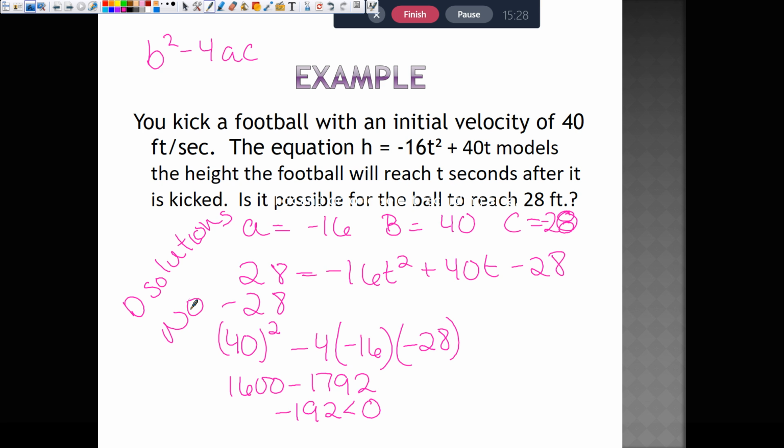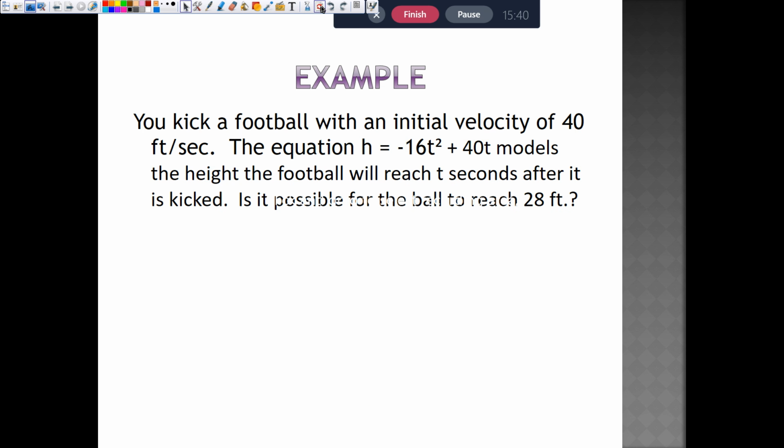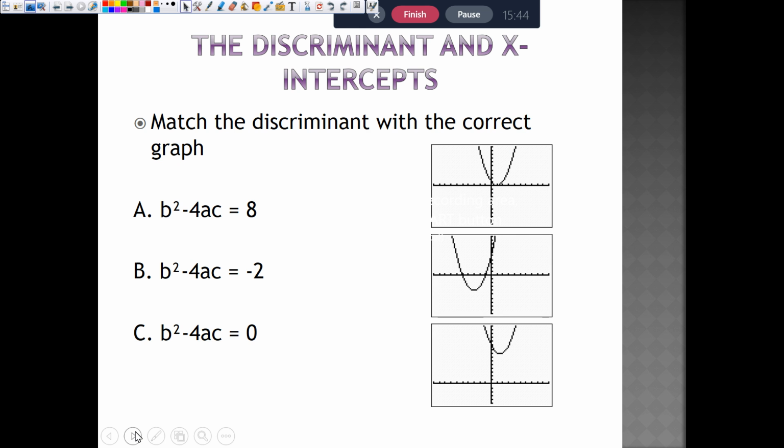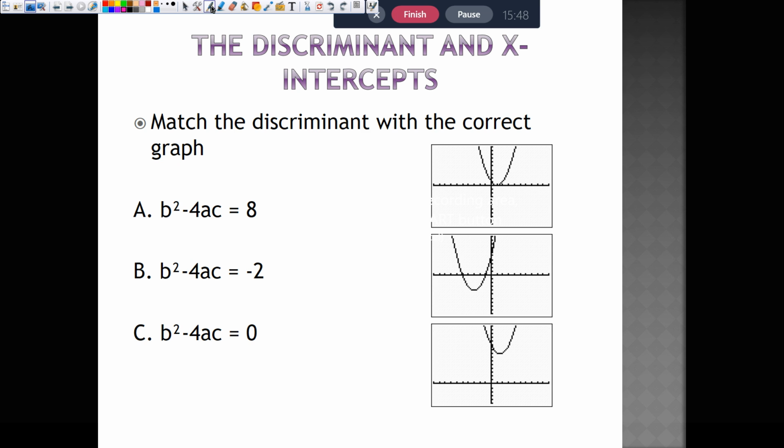So now we're going to be matching the discriminants to the graphs. Okay, so I'm going to number these first, 1, 2, and 3.